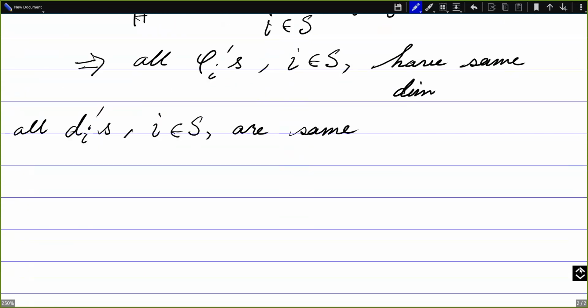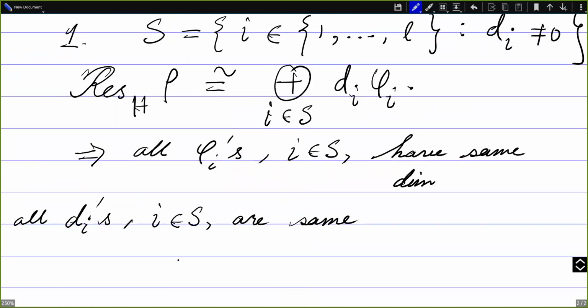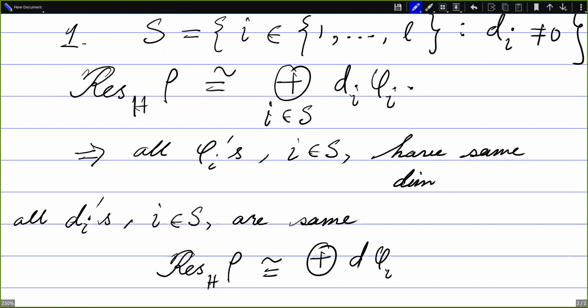So in view of that, you can then simply write that the restriction to H of rho is basically isomorphic to some fixed d times the direct sum of phi I, I in S.